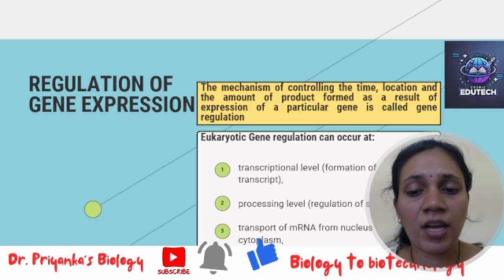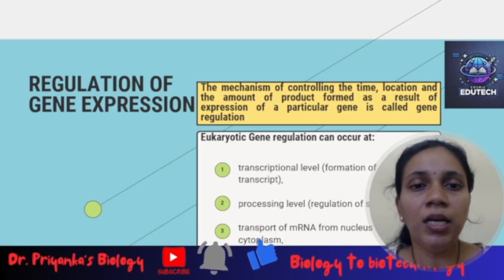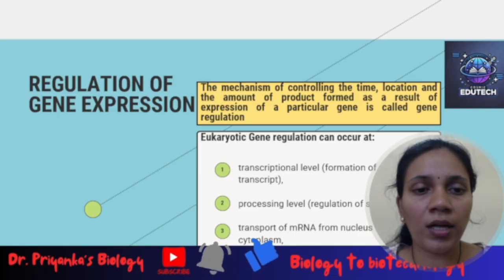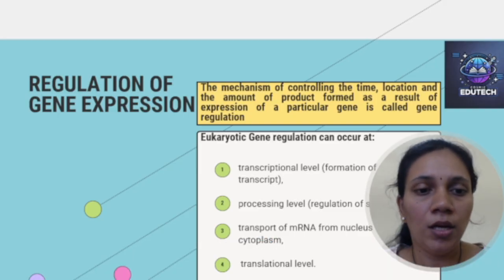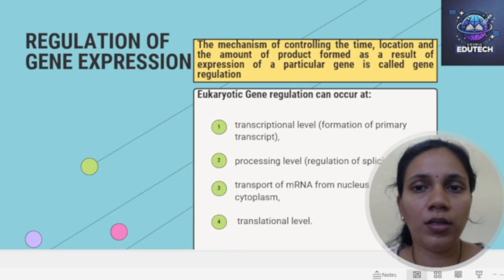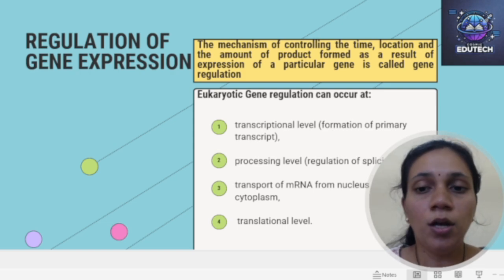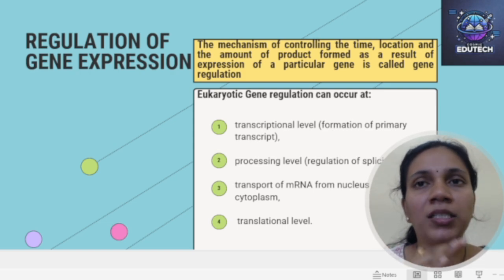Again, this gene regulation could be of two types. One could be a positive one or a negative one. So what is this positive and negative gene expression? Like, we have a villain and a hero in a movie, right? What is the role of a villain? The villain is going to suppress the good things.